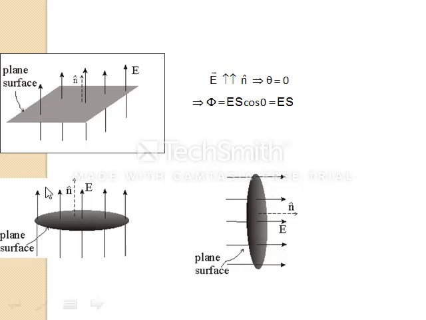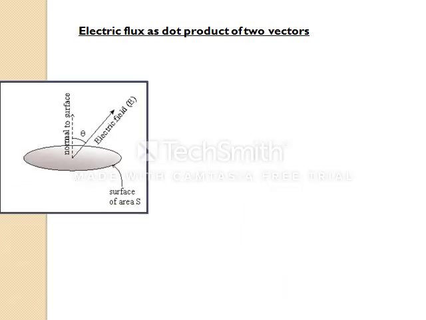Next we'll discuss flux as a dot product of two vectors. So this was the basic diagram which we started with. A surface was given to us. We have marked the normal to the surface, the electric field, and the angle between the two.